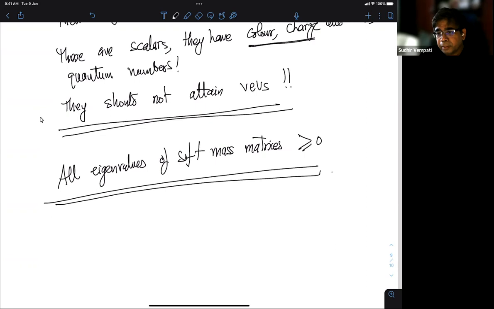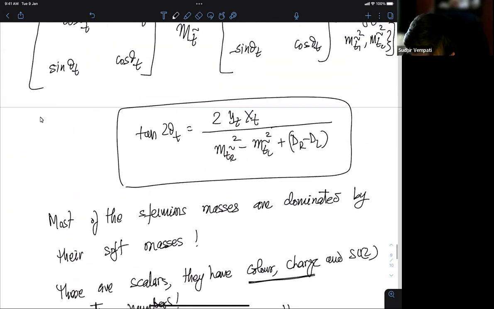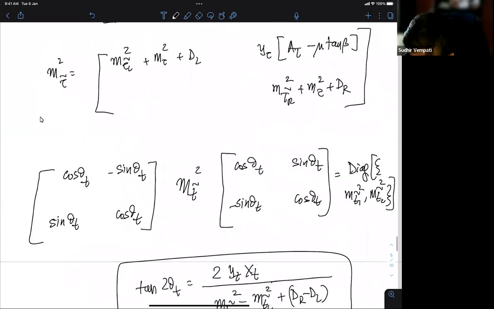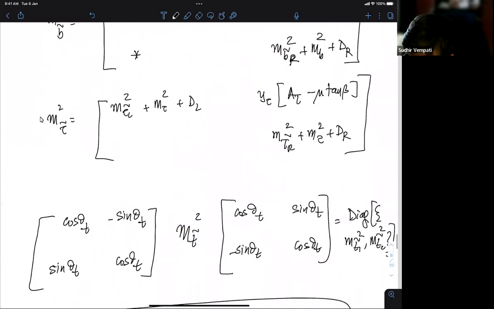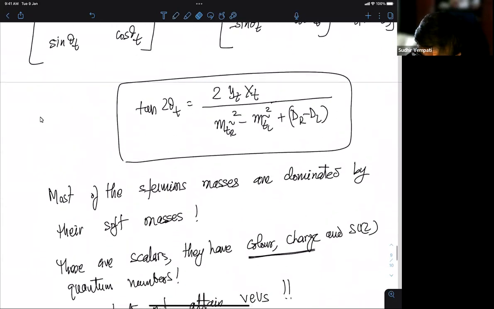None of their eigenvalues should become negative, because if they become negative, they can generate a vacuum expectation value essentially. This condition is easy for the first two generations, because the first two generations don't have left-right mixing. In the presence of A terms, this condition becomes slightly complicated.